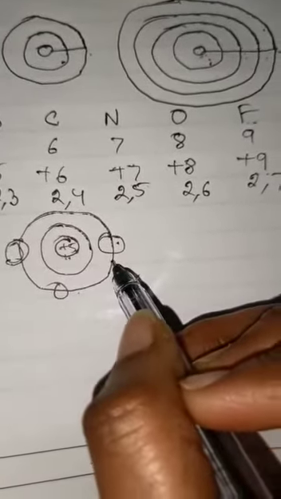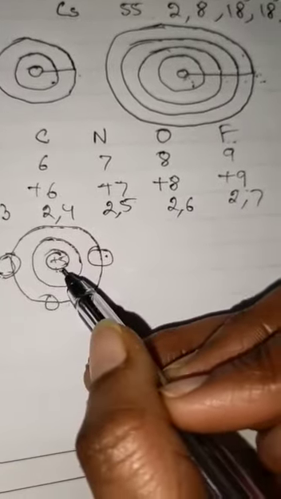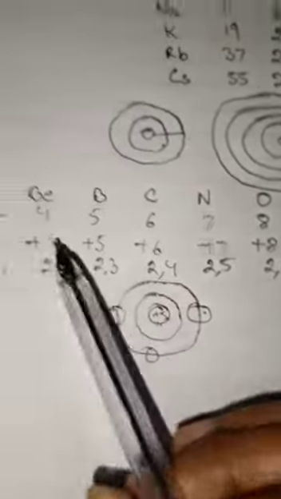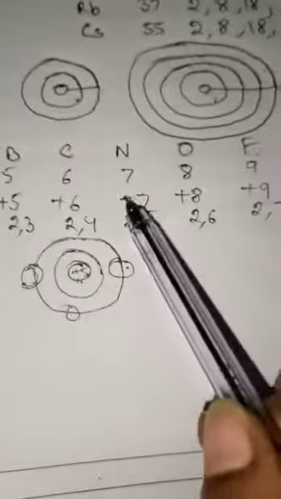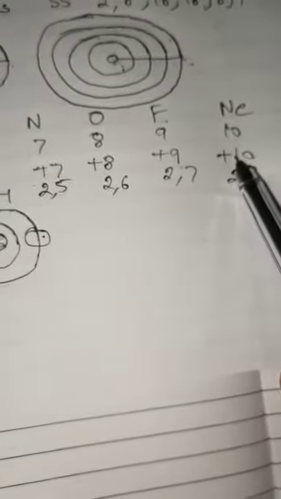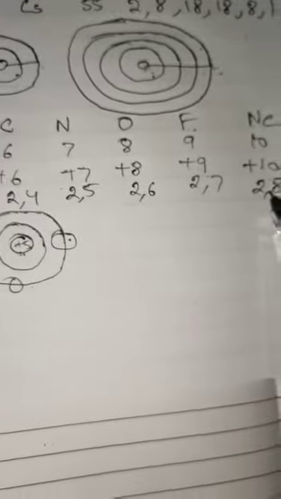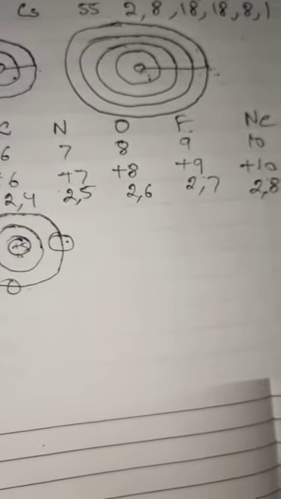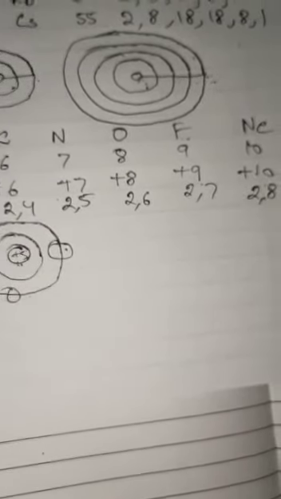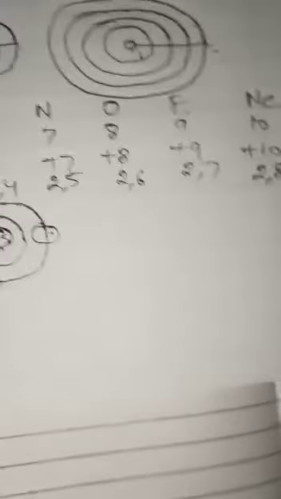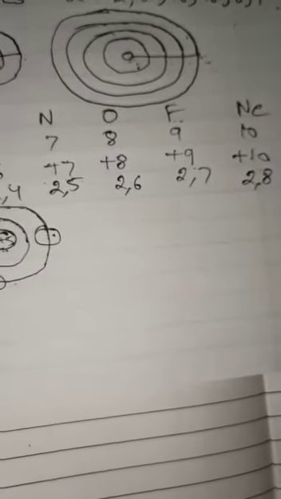And since the outermost shell will be going closer towards the nucleus, the atomic radius will decrease. So when we are going from left to right, the nuclear charge is increasing, and due to this the atomic radius will decrease because the outermost shell will be affected with greater nuclear charge.